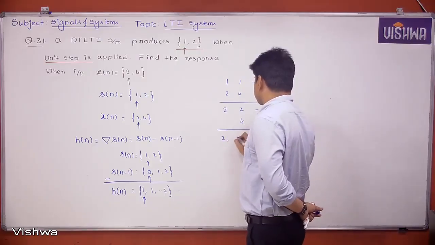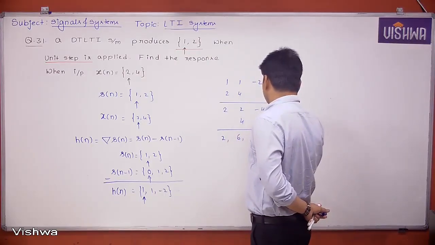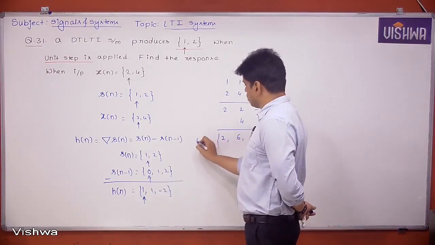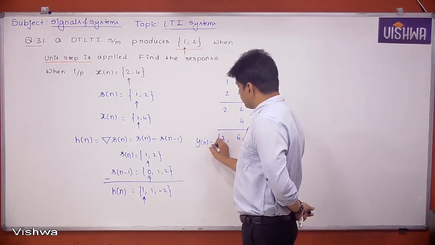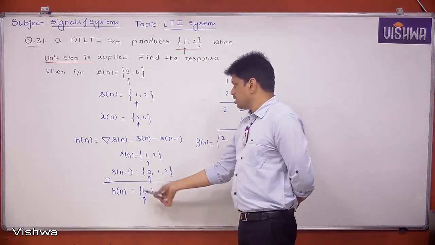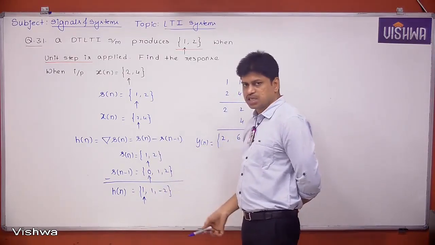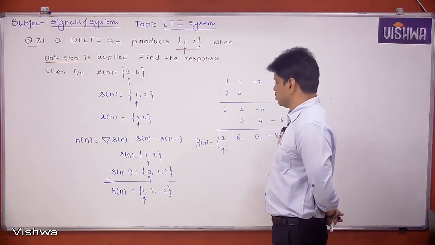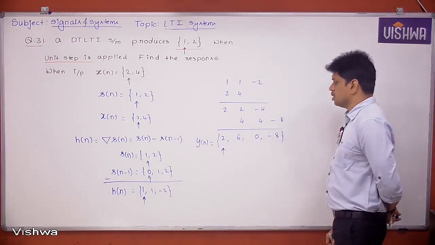The result is 2, 6, 0, minus 8. So this is the output y of n. And we know where to put the arrow. The lower limits of h of n and x of n are 0, 0, so the lower limit of y of n is also 0. This is where we can put the arrow.